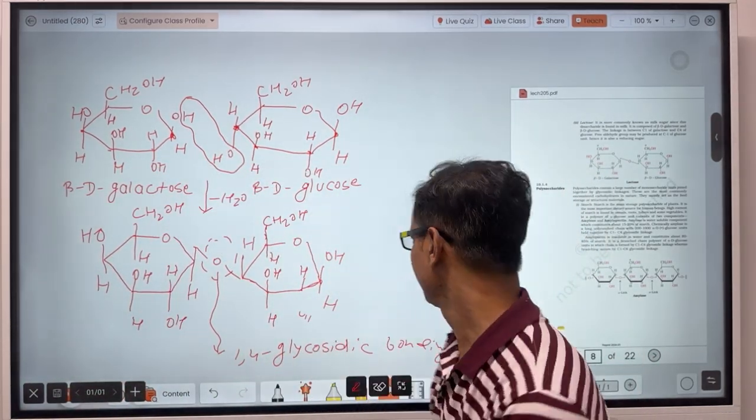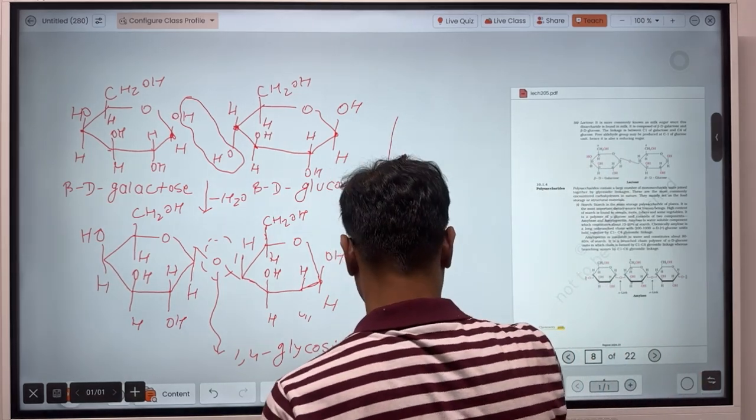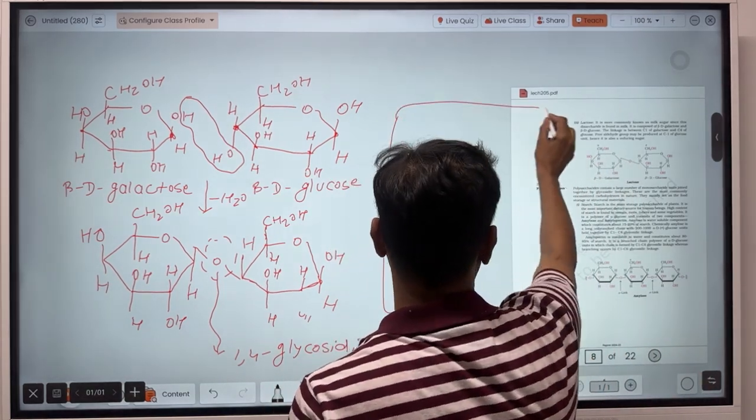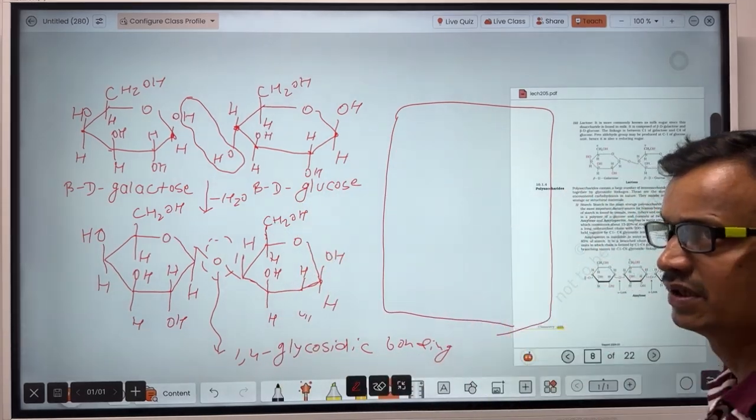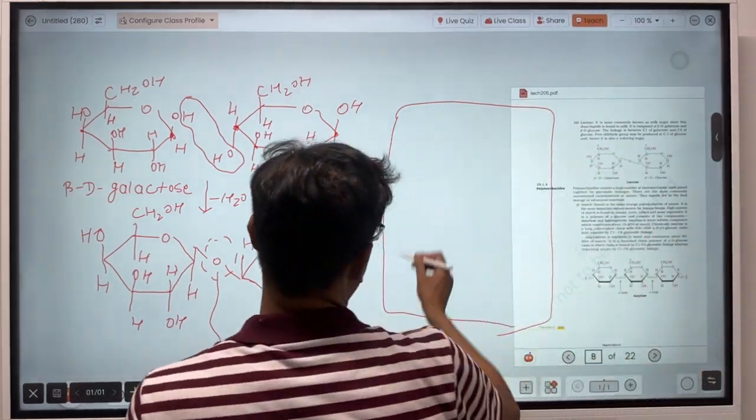Okay, guys. So here I am writing about disaccharides, what this structure means. You should also write. What is it in case of sucrose?